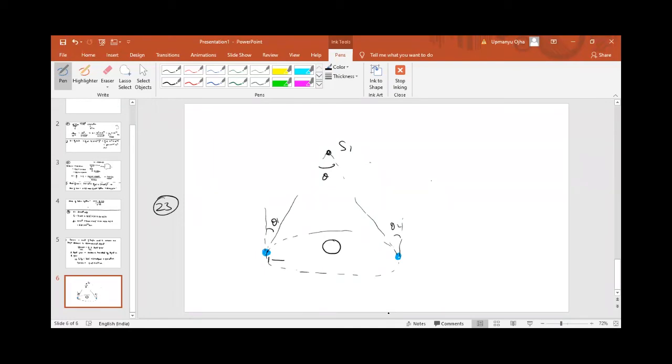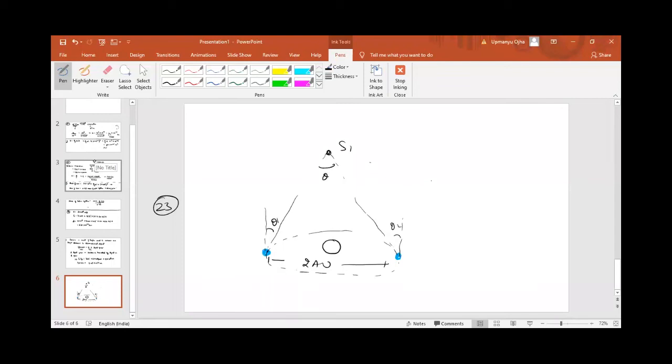Okay, the distance of the star in parsec. The distance between the two positions is equal to 2 astronomical units. We have to find the distance in parsec, and we can find the parsec also, no problem in that.